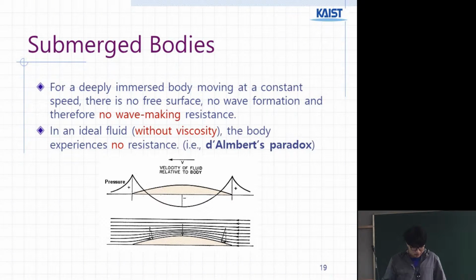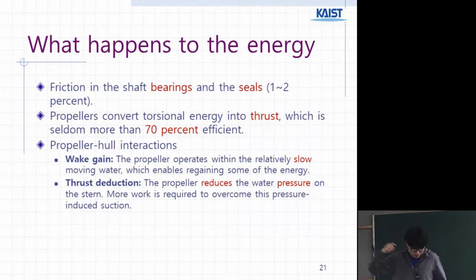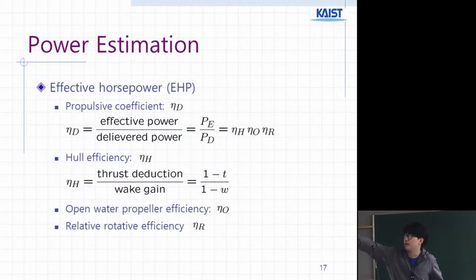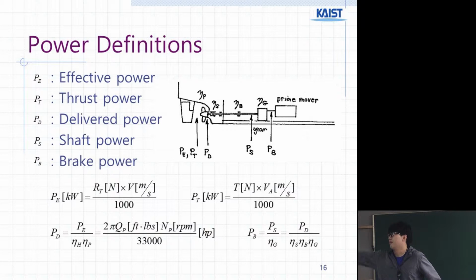And in power divisions, as you can see, there are 5 powers like this. We can start from the engine, the prime mover. The prime mover is connected to the gear, the long shafts, the propeller, and so on.